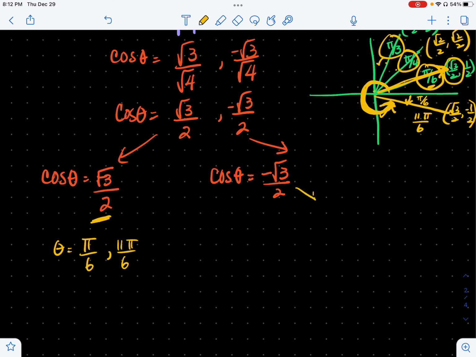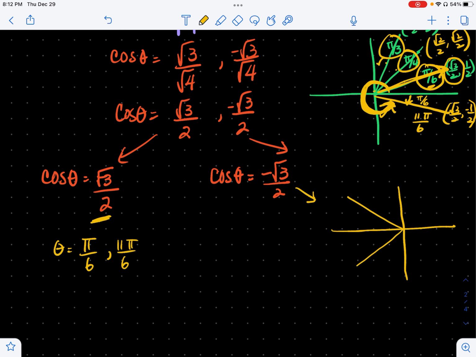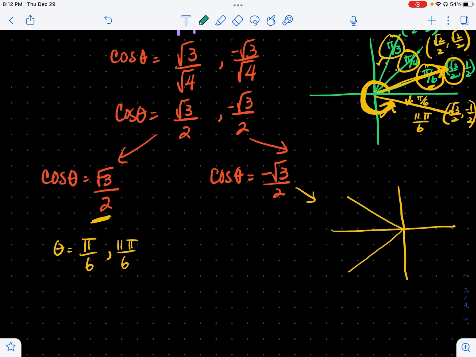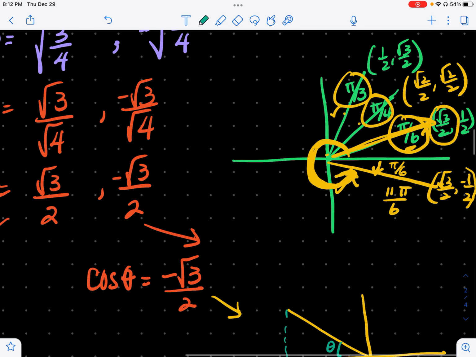And when cosine is negative, cosine is negative in the second and third quadrant. So there should again be two reference angles, one this and one that. Again, if you have this memorized, we wouldn't have to make any triangles. So the negative would simply be a reflection of this on the other side.